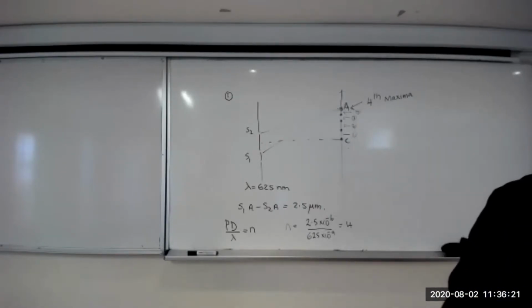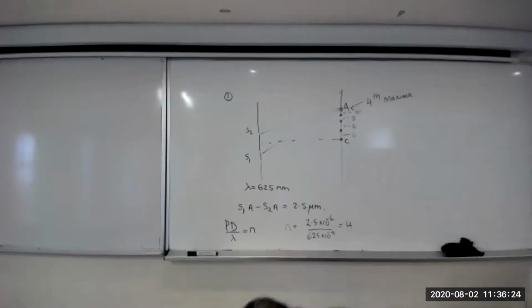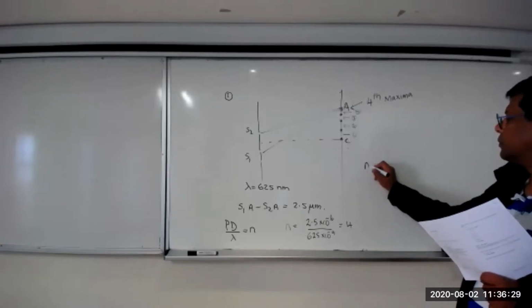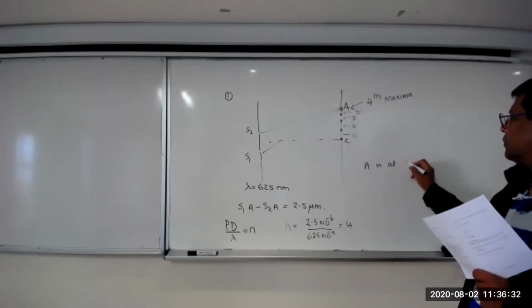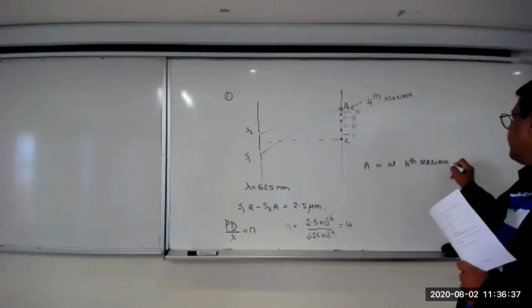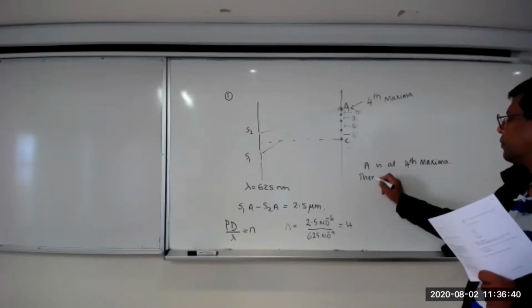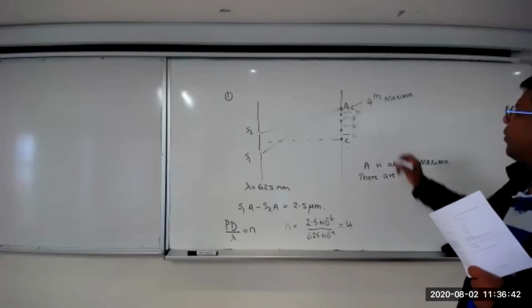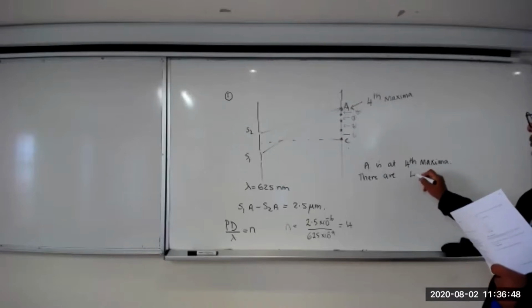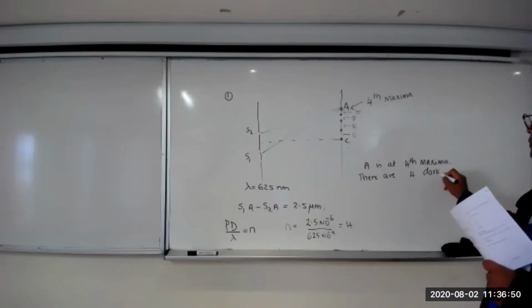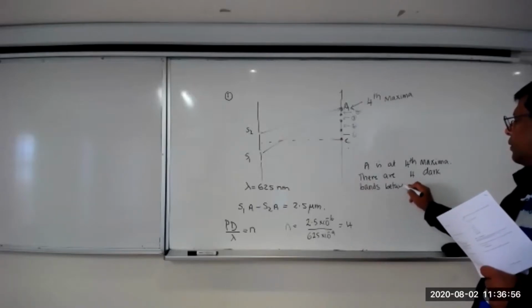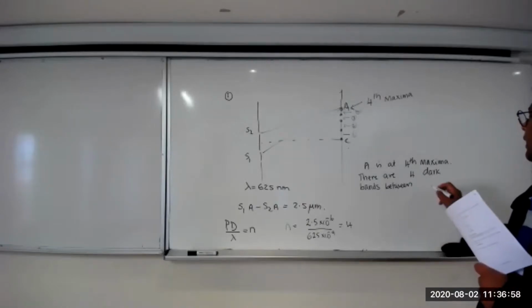So the answer to the question is, since it is the fourth maxima, therefore there are 4 dark bands between C and A.